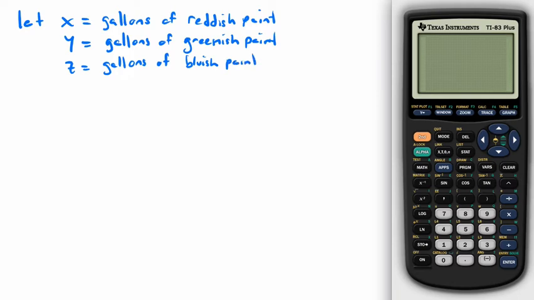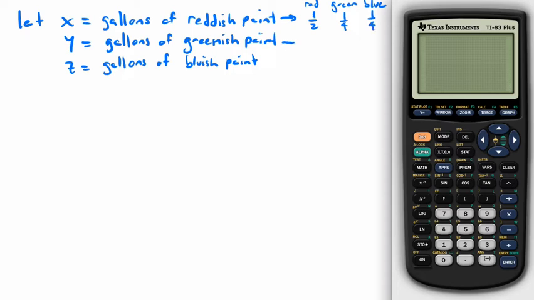Now I'm going to summarize here what we've been told. The composition of this reddish paint from the previous slide is 1/2 red. So here this is red, green, and blue. 1/2 red, 1/4 green, and 1/4 blue.